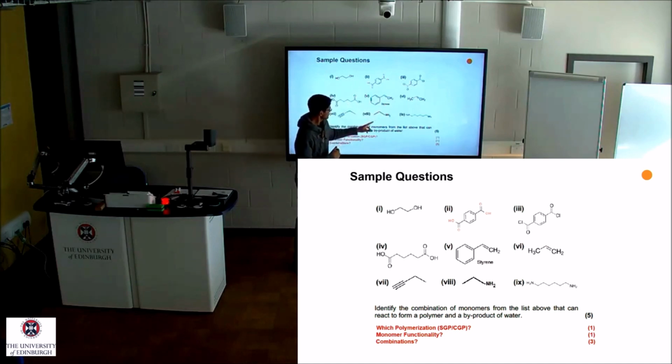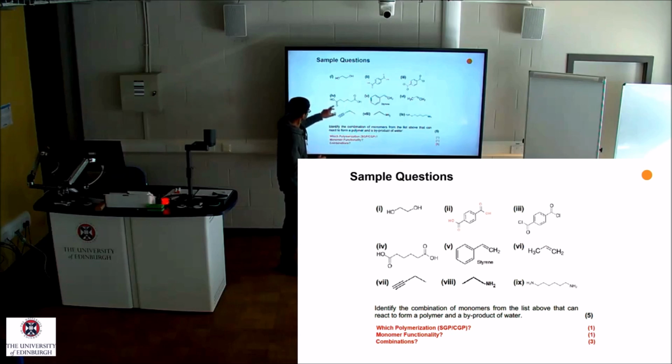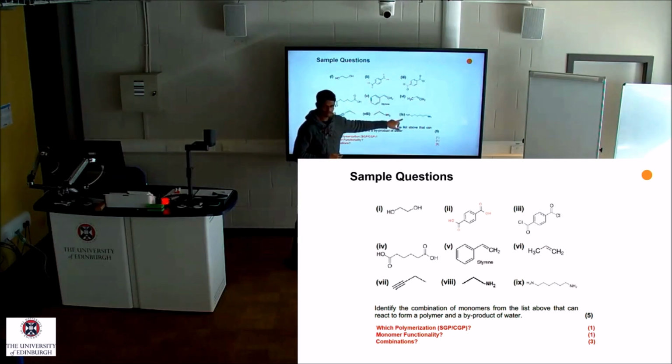With 3, it can react with 9. Does it react? Yeah, it will react, but in this case, you have the small molecule as HCl acid. What about the combination between 4 and 9?